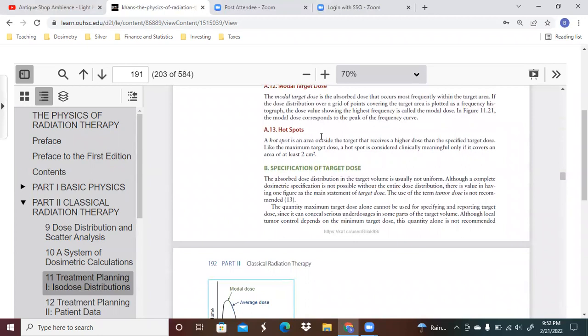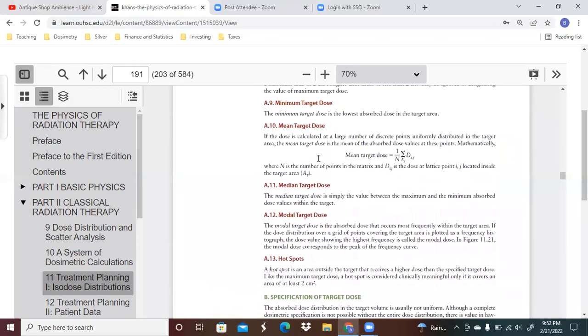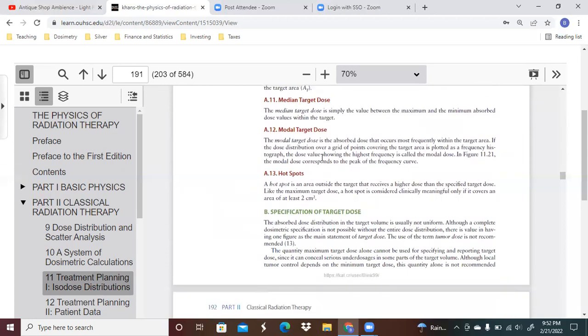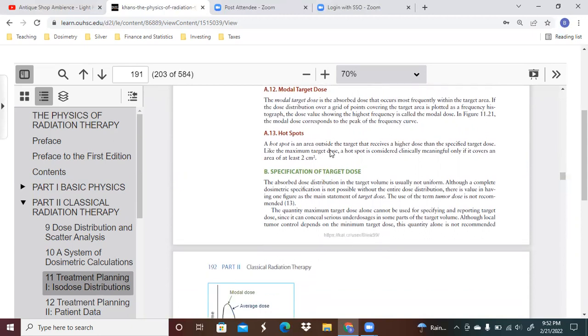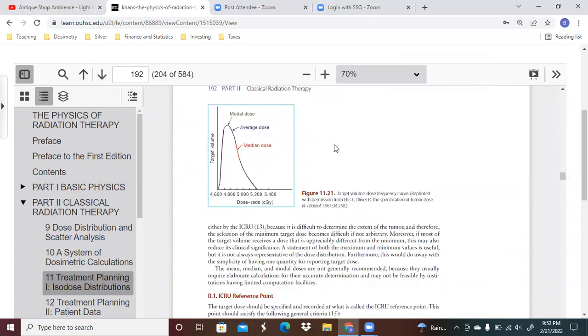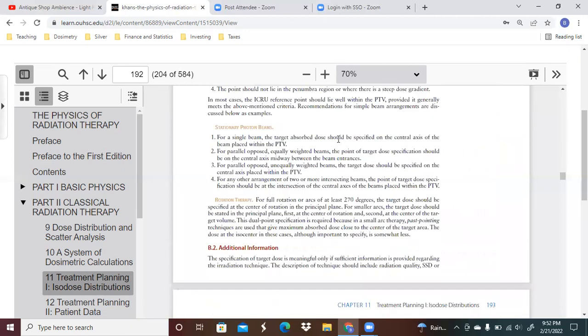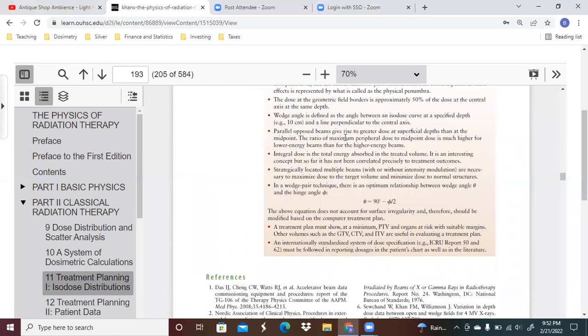A hotspot is an area outside the target that receives a higher dose than the specified target dose. Normally, a lot of times, we're going to end up calling a hotspot something that may be a little warm, not necessarily above 100%. Sometimes it's referred to that way. But those are different types of things that you can watch for.